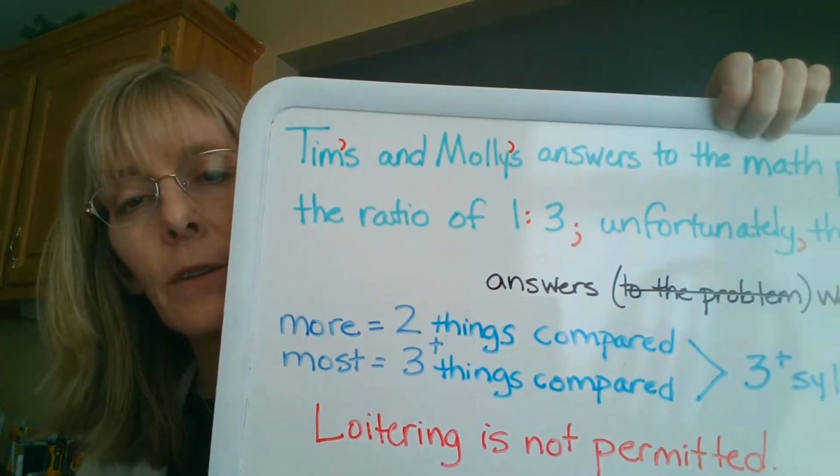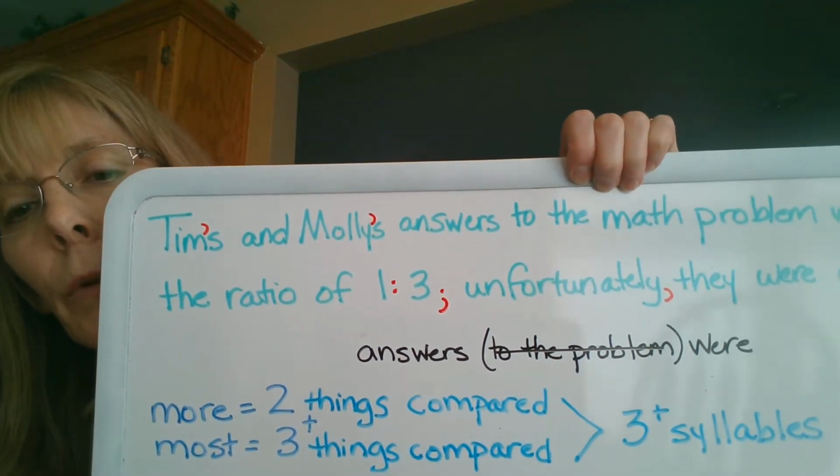All right, parts of speech, adjectives. Okay, in this section we are reviewing the comparative and the superlative forms of adjectives. When you use more, when you use most, when you use est. Okay, so I wrote down the rules for you to help you here.